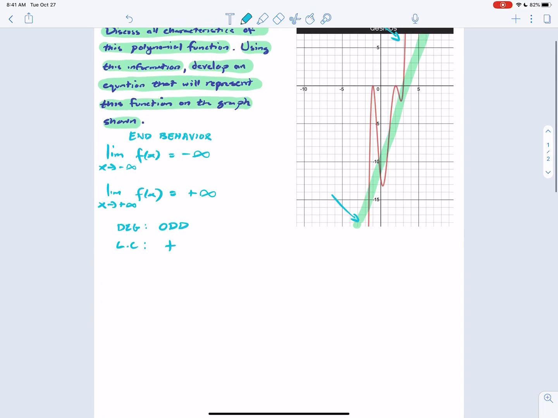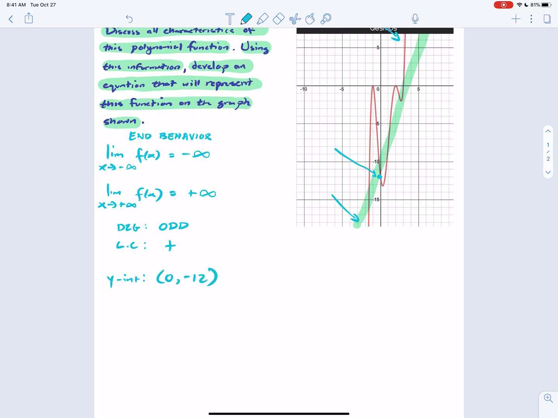I also noticed that the y-intercept, which is pretty much where the graph crosses the y-axis, is right at negative 12 when x is 0.